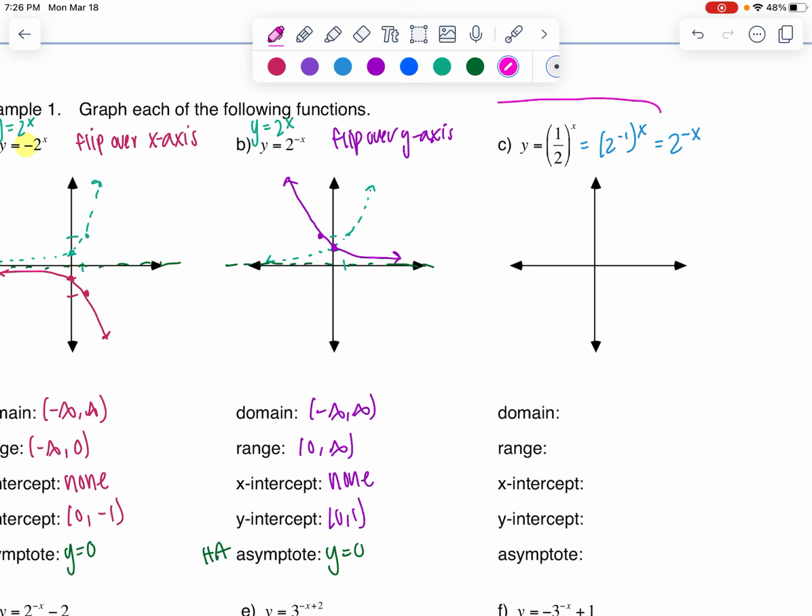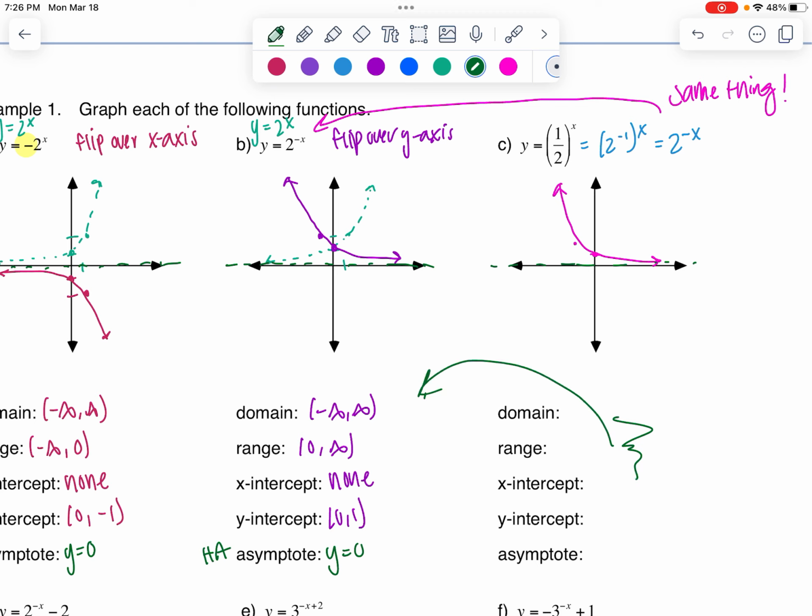You just saw that this is the exact same thing. So your graph is going to look like this. And you're going to see these values are going to be the same exact thing as that guy. Isn't that cool?